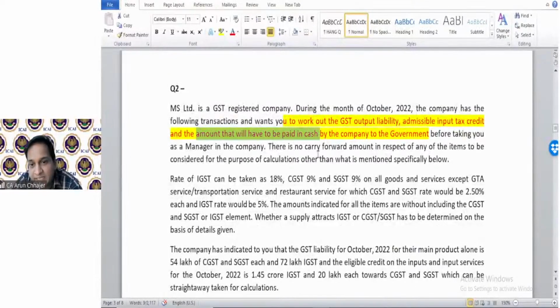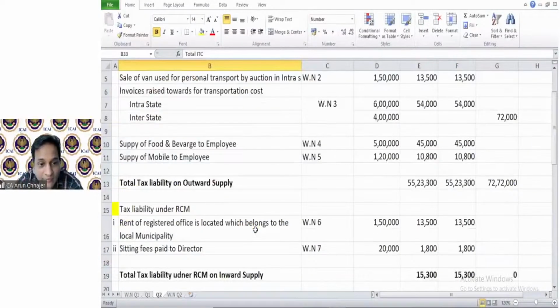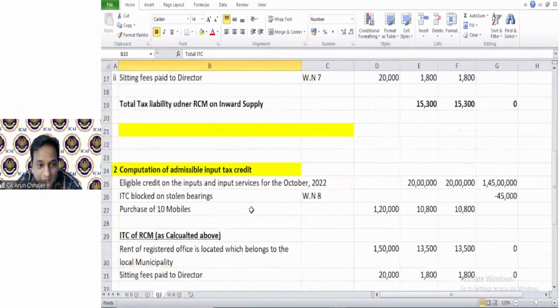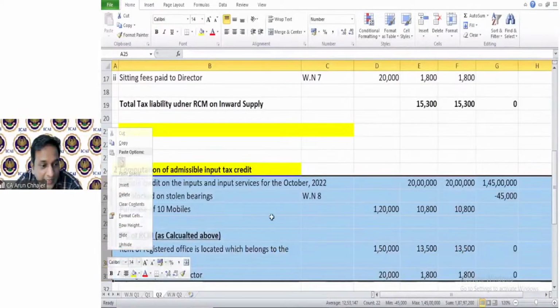Now the third point is the amount that will have to be paid in cash by the company to the government. Now you have the total tax liability. So let me hide this one.